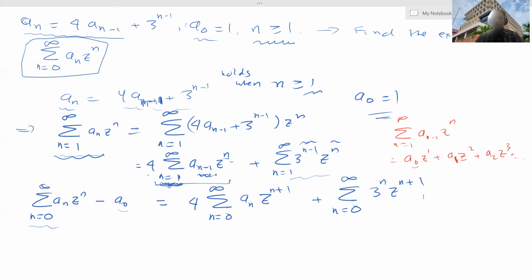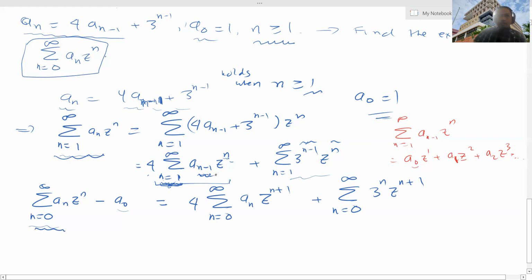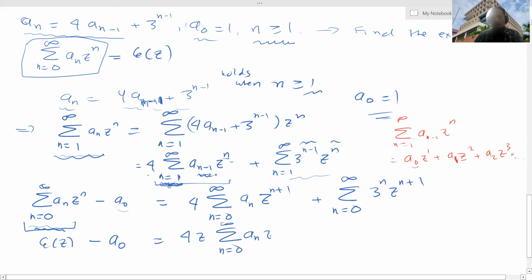The left hand side here, let's call it the generating function, the power series, G(z). Then here is G(z) minus a0, and this is 4z times the summation of n z to the power of n, plus, well, what about this one?